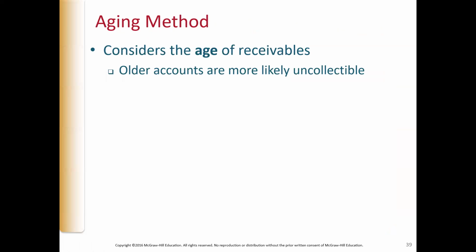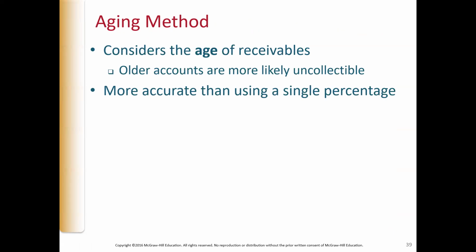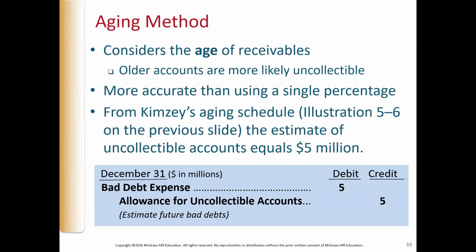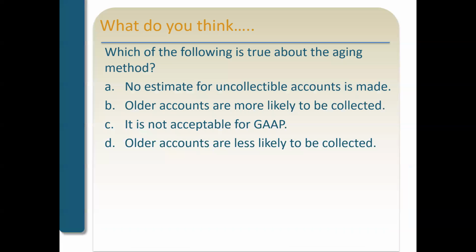The reason this is beneficial is that it considers the age of the receivables, and it's usually going to be more accurate than just a single percentage. So from Kinsey's aging schedule, the estimate of uncollectible accounts equals 5 million, which is going to be a debit to bad debt expense and a credit to the allowance for uncollectible amounts.